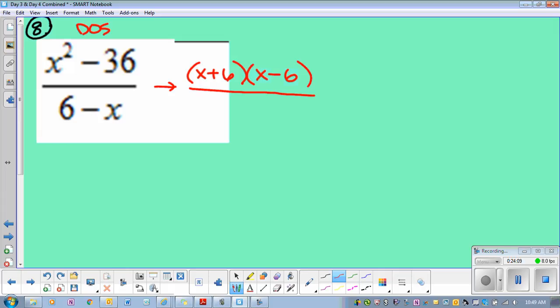Thank you, Kevin. And then down here, doesn't this look weird? Do you know why it looks weird to you? Yeah, because it's not in standard form, right? Usually the plain old number goes at the end. We always start with the biggest exponent, we work our way down, and then our constant, plain old number, always goes at the end, right? So let's rewrite this.